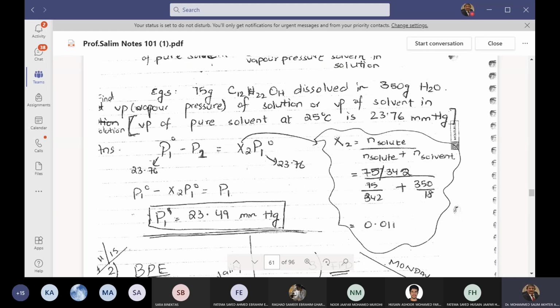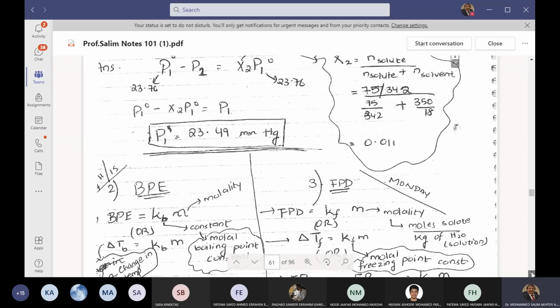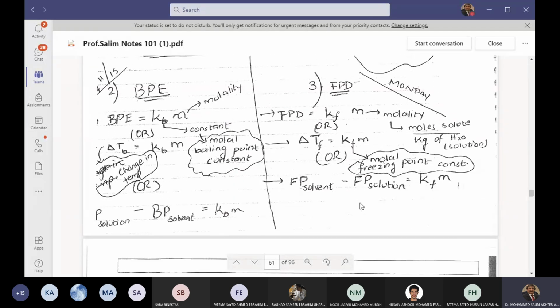We solved one question, then we solved BPE and FPD. BPE, boiling point elevation. FPD, freezing point depression.